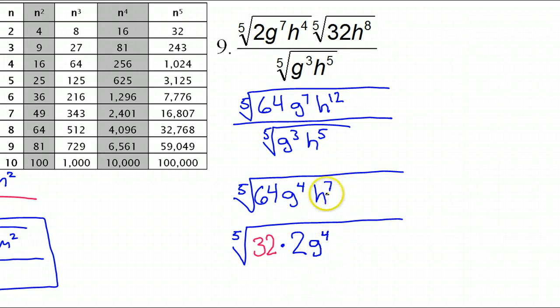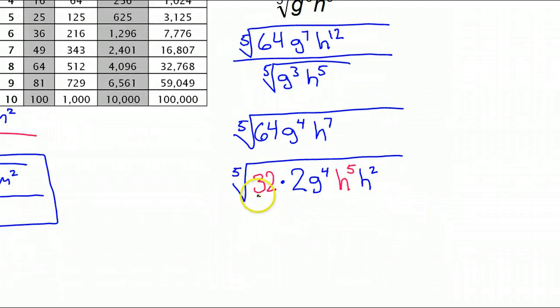But on the other hand, h to the seventh power, I can break that up. 7 is not divisible by 5, but I can break this up as h to the fifth power and h squared. Together that would make 7. So everything that's shown here in pink can be simplified and brought out of the radical.